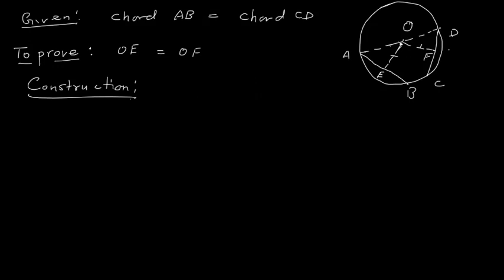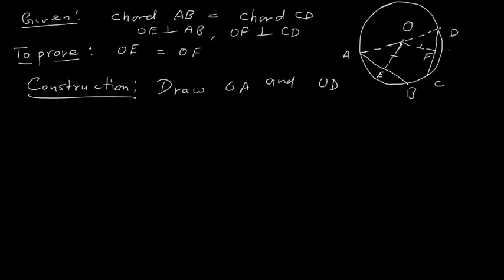So in given you can write one more thing, that OE is perpendicular to AB and OF is perpendicular to CD, and we have to prove that OE is equal to OF. Construction: we will draw OA and OD.